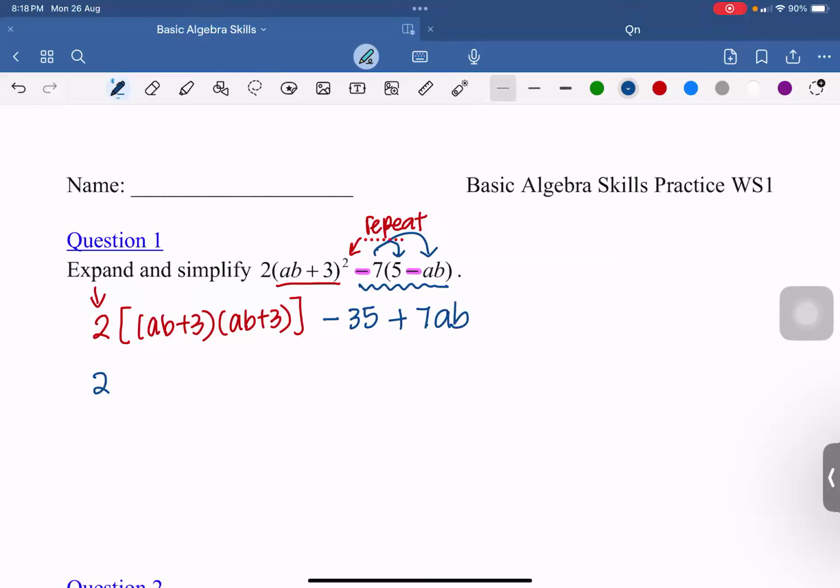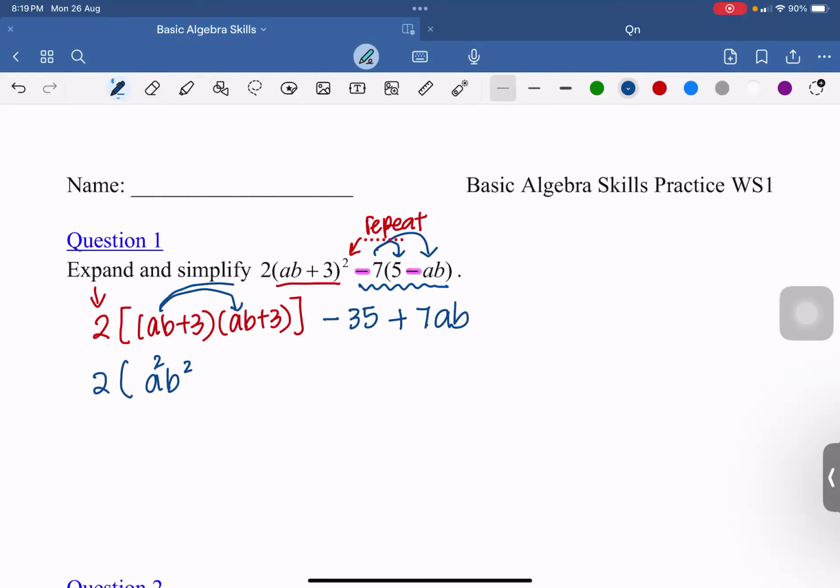Keeping my 2 down here, ab times ab, a squared b squared. Not ab squared, a also needs to be squared. Unless you write ab whole thing squared, but we don't want this, it is not considered simplified. So it's a squared b squared.